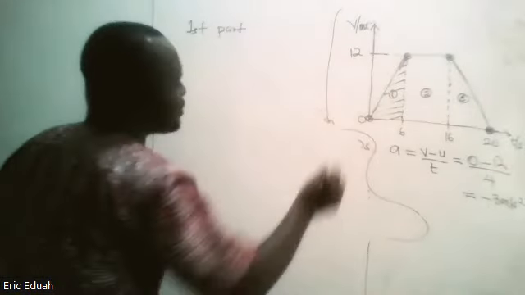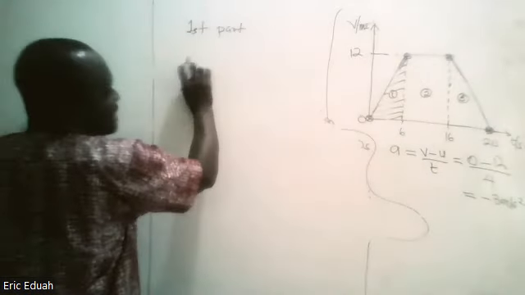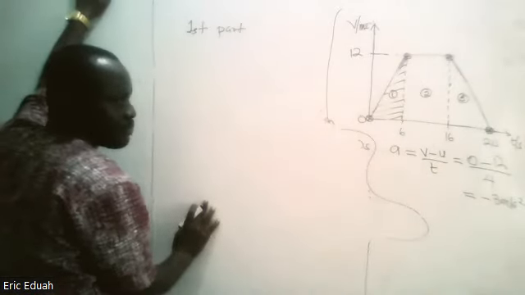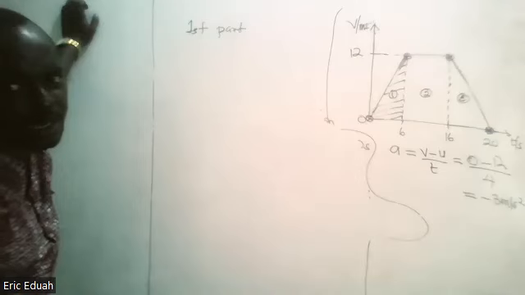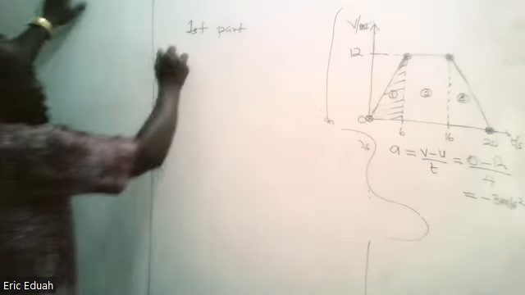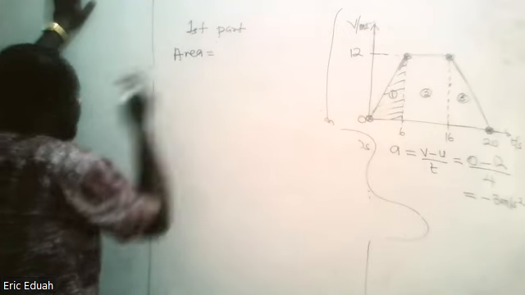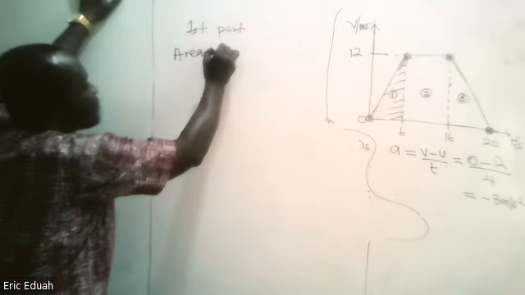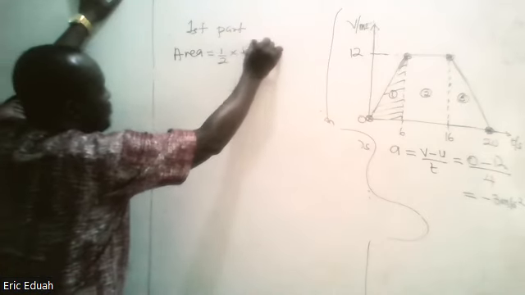So, you see, looking at the first part of the motion, what shape is that? A triangle, a right angle triangle. So what's the formula for finding the area of a triangle? Half base times height.